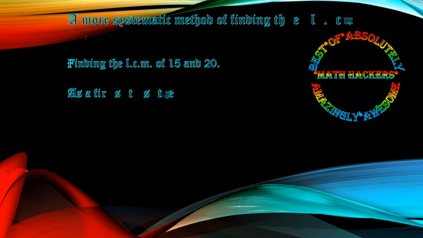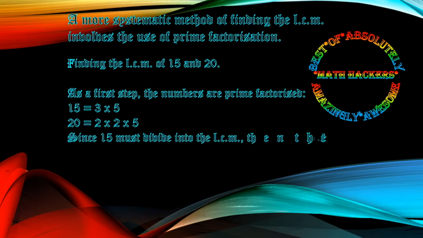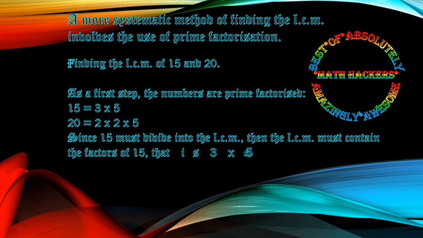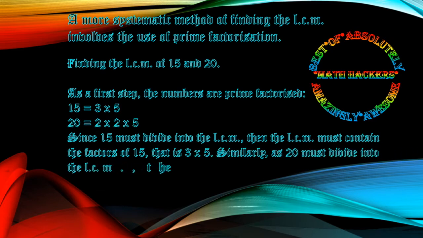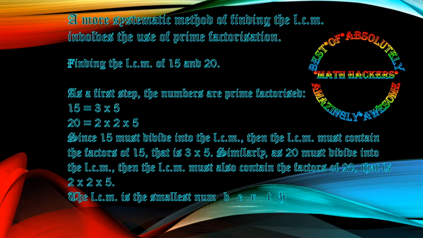A more systematic method of finding the LCM involves the use of the handy-dandy prime factorization. Let's say finding the LCM of 15 and 20. To start with, as a first step, the numbers are prime factorized, as in 15 equals 3 times 5 and 20 equals 2 times 2 times 5.